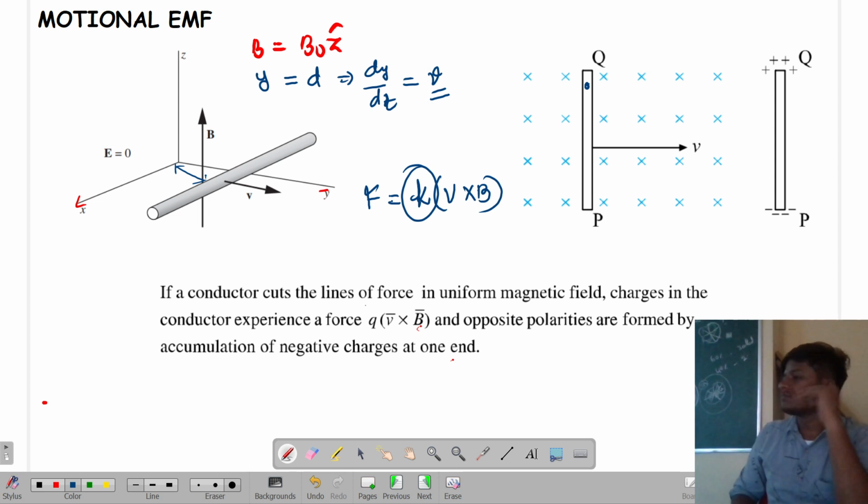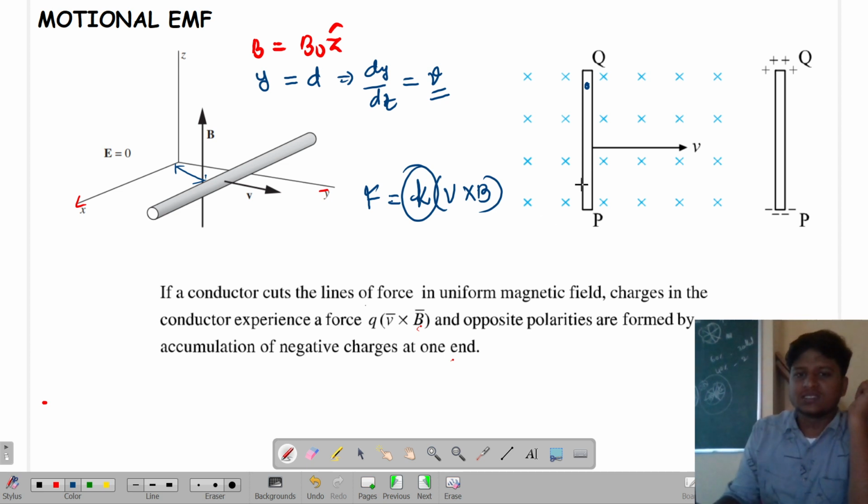When force is generated, left hand. When current is generated, right hand. Right or not? So now look over here. B is inside. Velocity is towards this side. Where is the force generated?